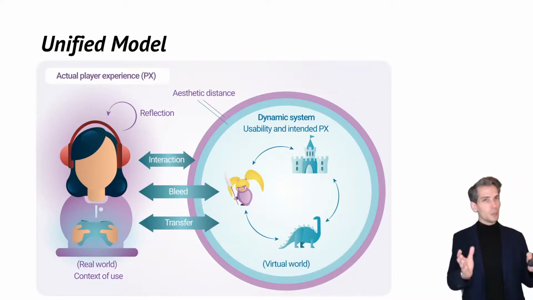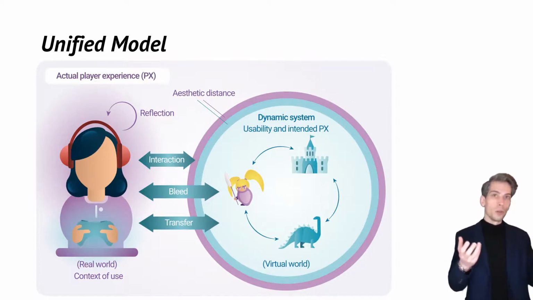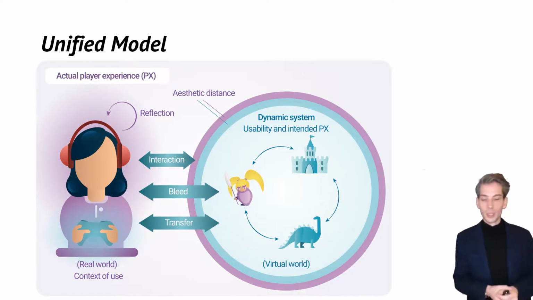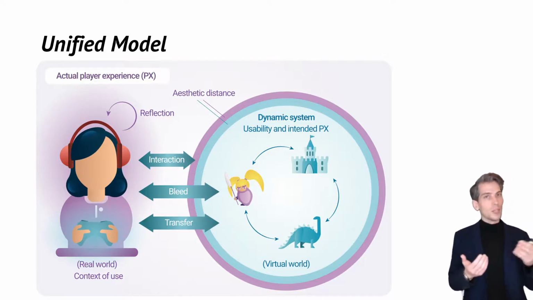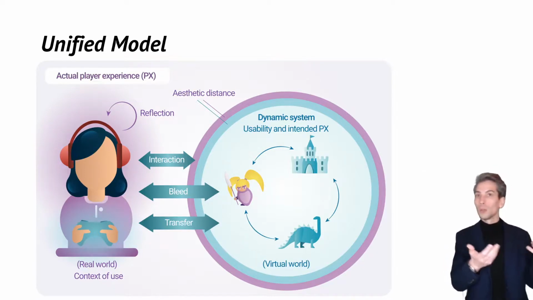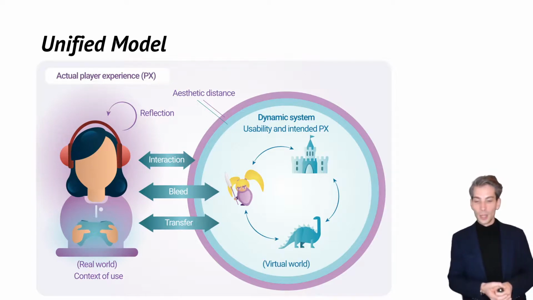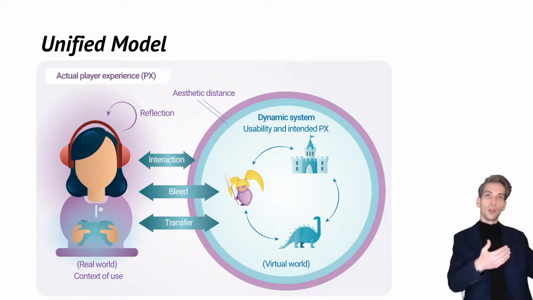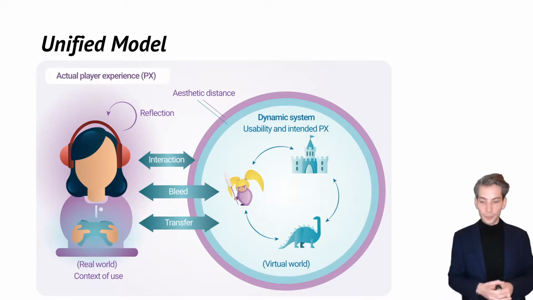Also, if the boundary between the virtual world and the real world becomes thinner or more blurry, which tends to happen when people feel more present in the virtual world, there is also the possibility of transfer occurring. And this happens a lot, of course, in serious games where the virtual world is made to resemble the real world in many different ways, making it more likely and easier to feel present in this world, and thus for transfer of knowledge or emotions to occur.